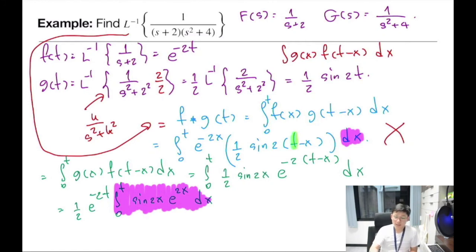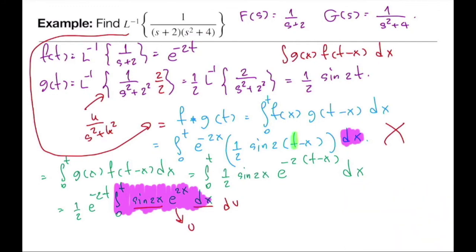You let this guy be u, and this is dv. Okay, I'm not gonna show that. I think you guys can do integration by parts. If you can't, I explained integration by parts in the videos before the midterm exam, so you can go back and look there. And if you still don't get it, just come and talk to me. But I'm not gonna explain it here because I assume that you can do integration by parts.